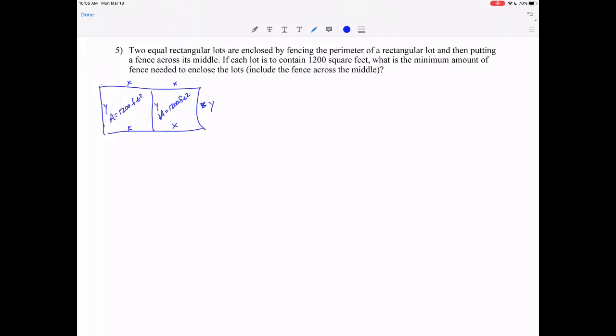All right? So our area equals x times y equals 1,200. Then we know that y equals 1,200 divided by x equals 1,200x to the negative 1. All right? This also tells us that x equals 0 is a critical point.